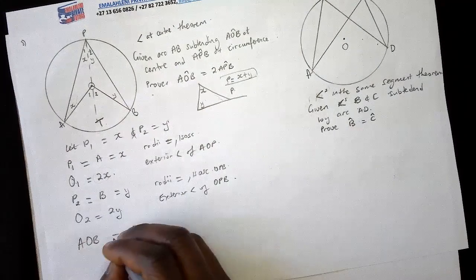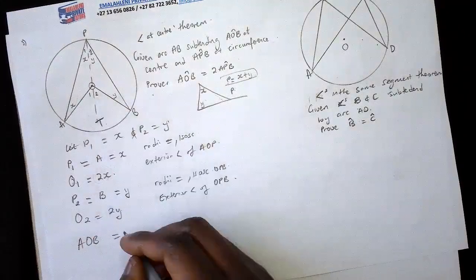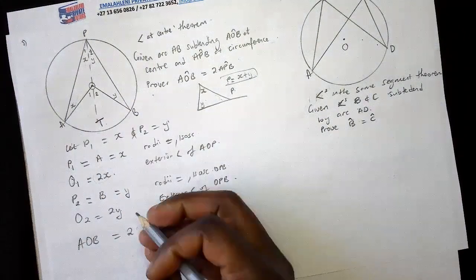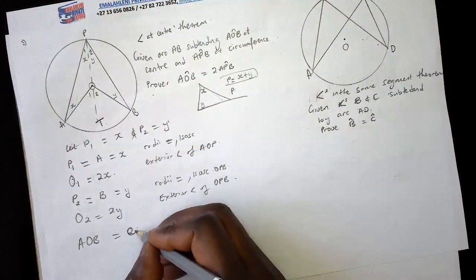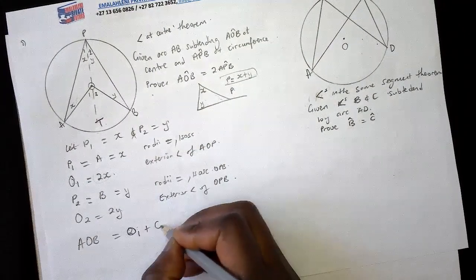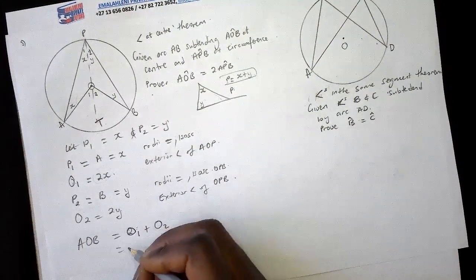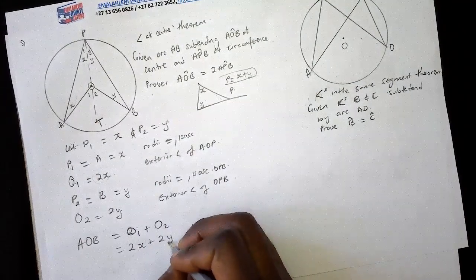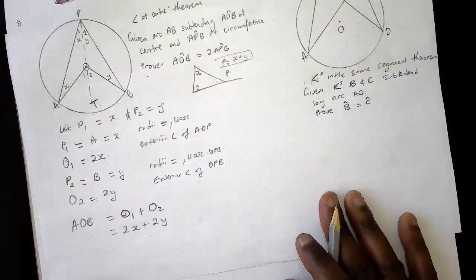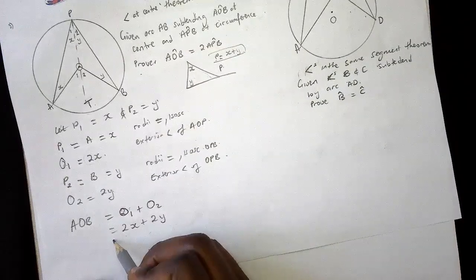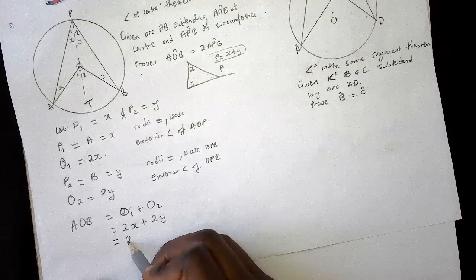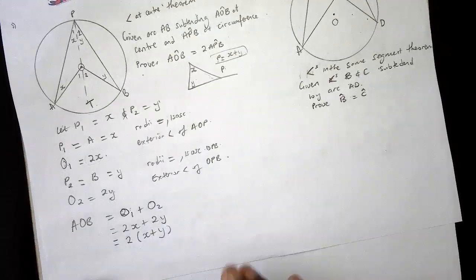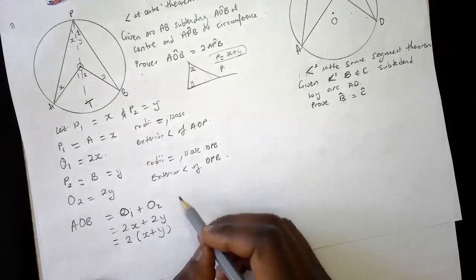AOB is equal to O1 plus O2, which is equal to 2x plus 2y. Okay, that's what we have there. Then it means that here it's going to be equal to 2 in bracket x plus y. Can you see that?